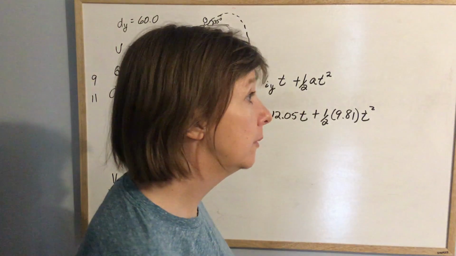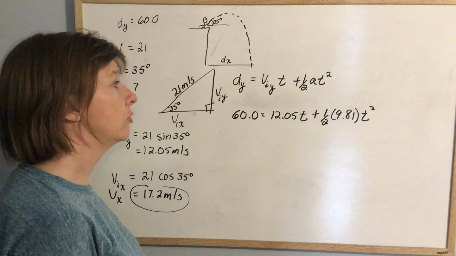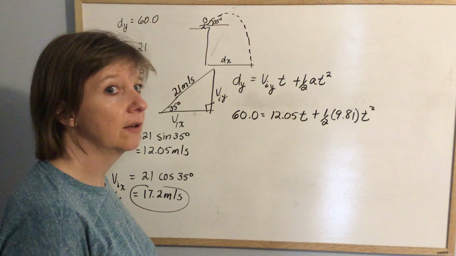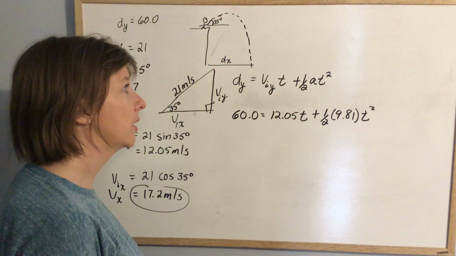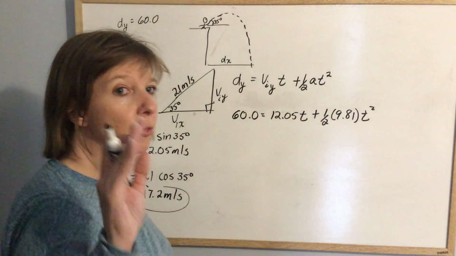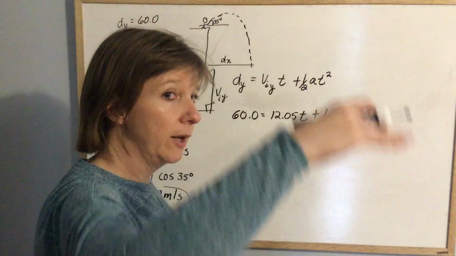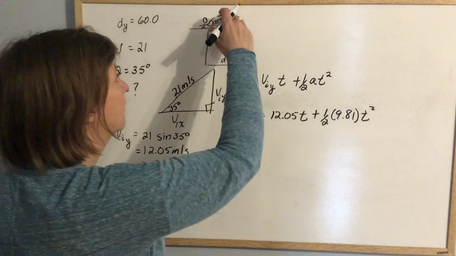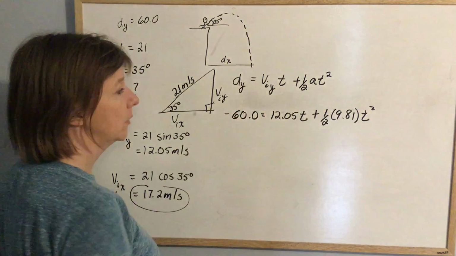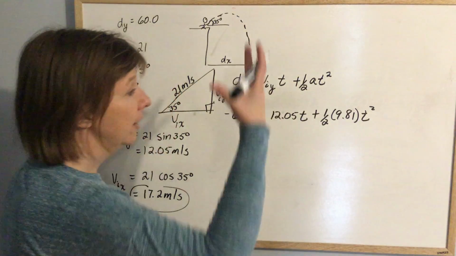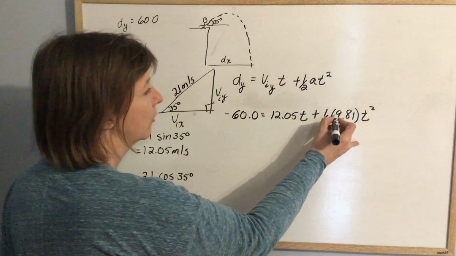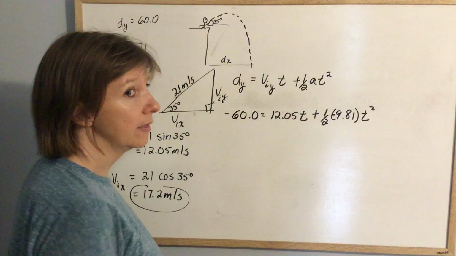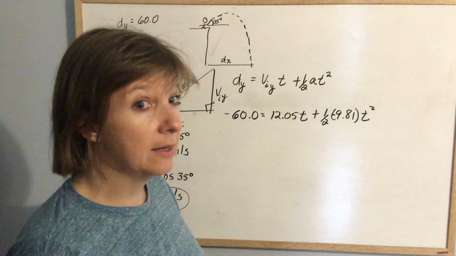So it is really important in this to consider direction so that you can put appropriate signs on. The rock is going downward. The displacement is down. So I'm going to put a negative on that. And gravity is working down. So I'm going to put a negative on that.